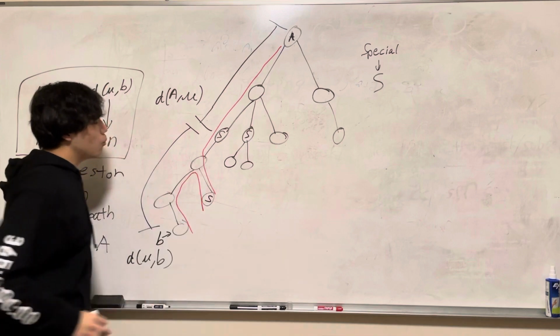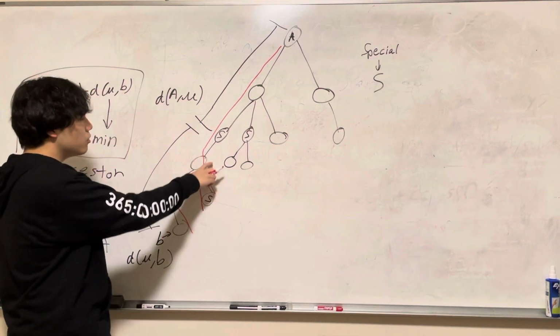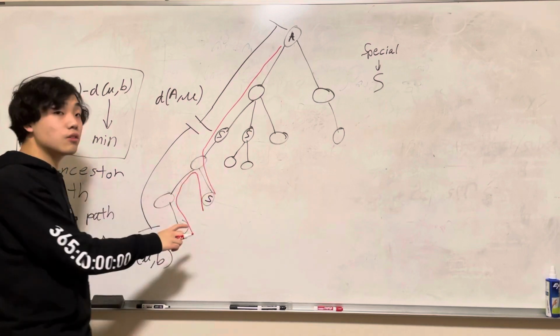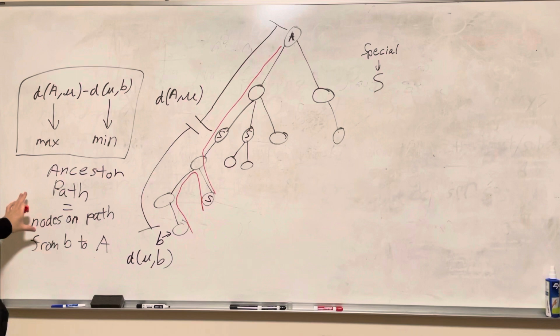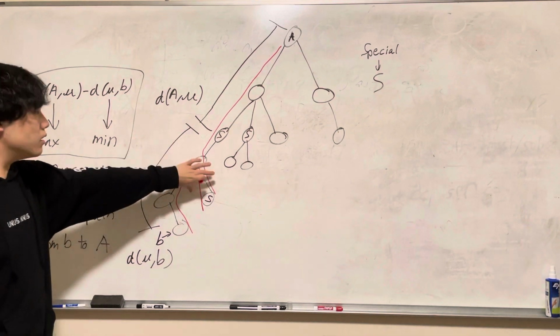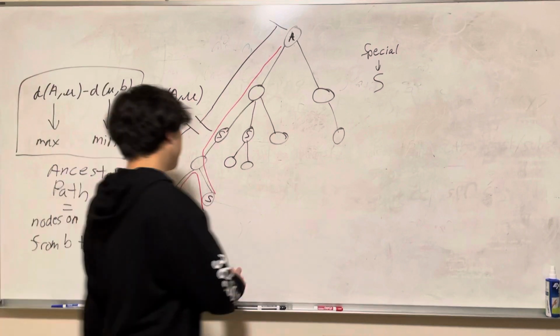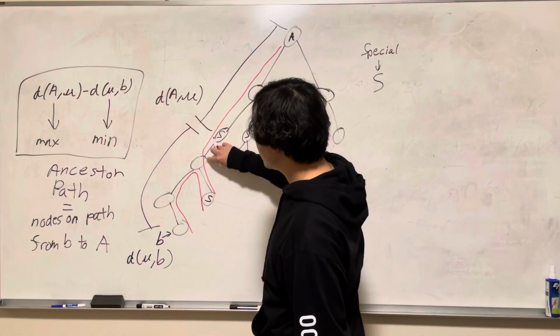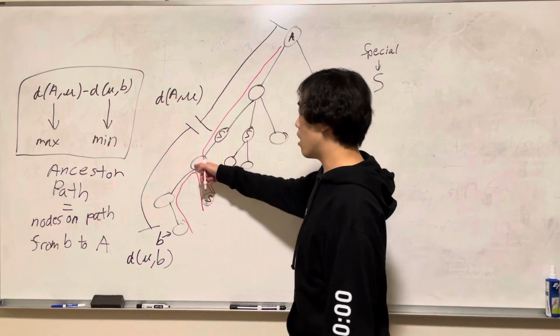So one thing to realize is that any distance in here, once you enter the subtree of an ancestor node that's not part of this ancestor path, these distances are just going to cancel out in this formula over here. Because however much distance we went in here will get subtracted by however much distance we go up here.